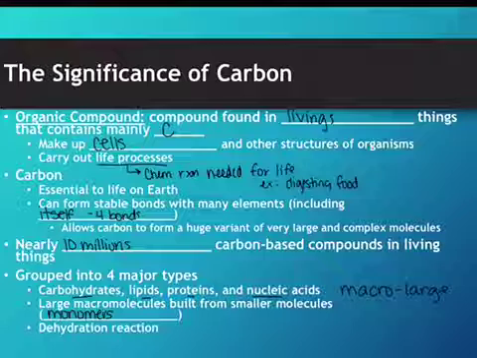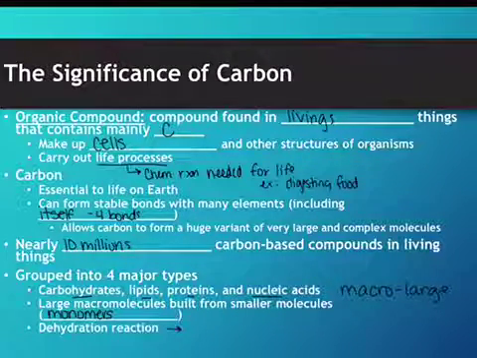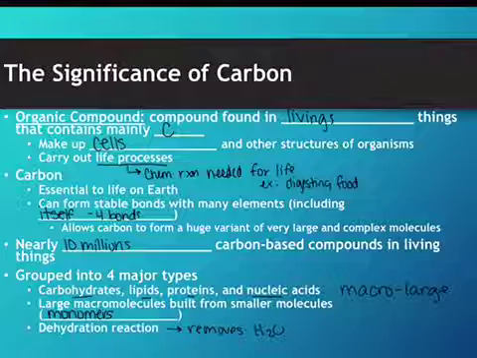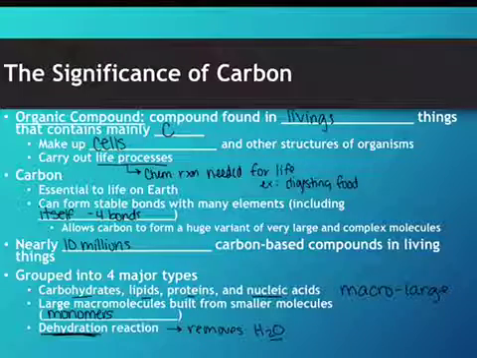So if we have a macromolecule, it is a big molecule. And they form from a dehydration reaction. And a dehydration simply removes a water molecule in order to make the macromolecules. And so that kind of makes sense, because if you're dehydrated, you're lacking water.